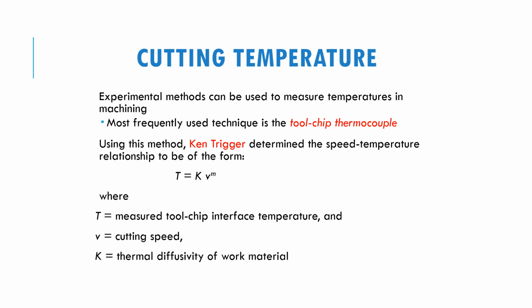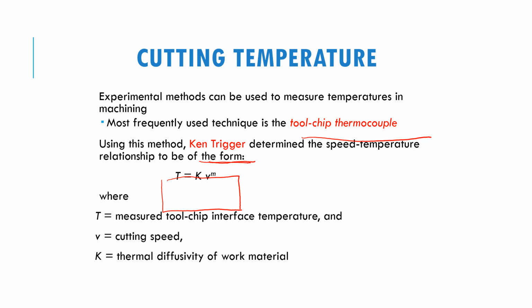Experimental methods can also be used to measure temperature in machining. The most frequent technique is the tool chip thermocouple. They can use this method to determine the speed temperature relationship, so we come out with an equation like this: T equals K times V to the power of m, where T is the measured tool chip interface temperature.